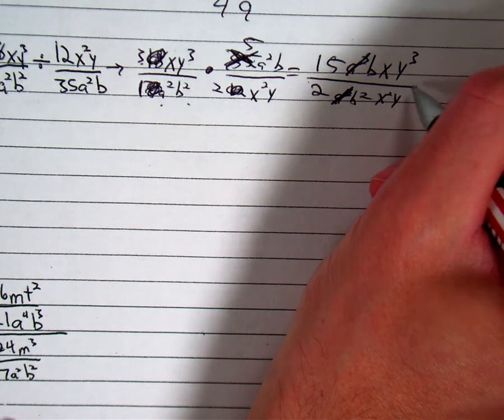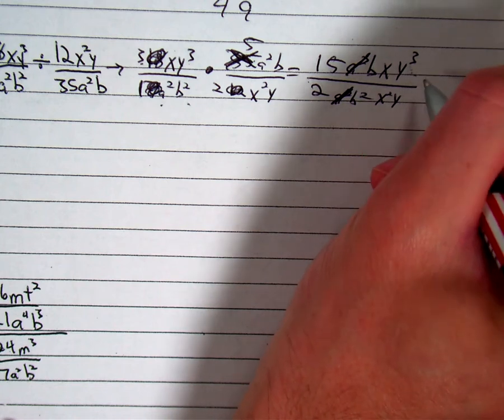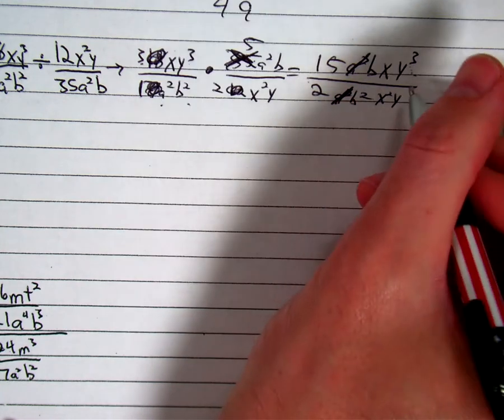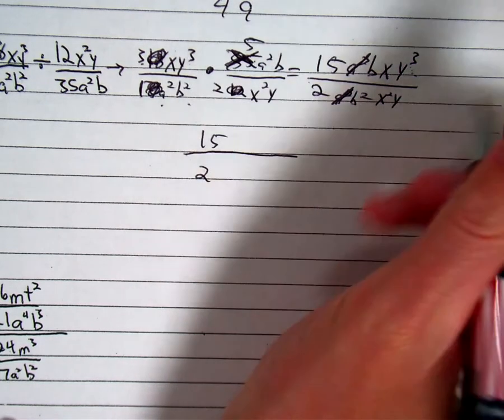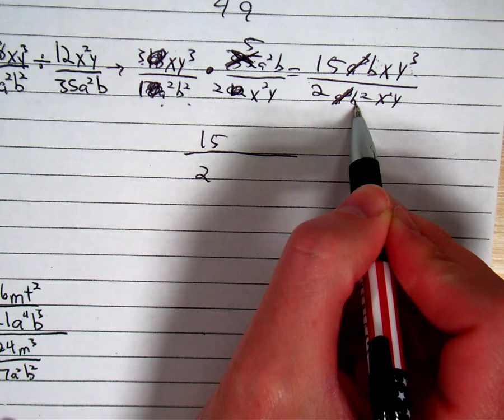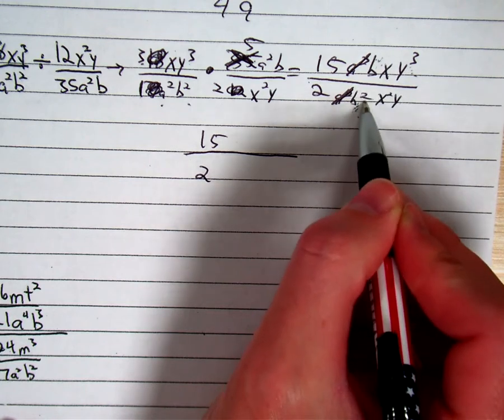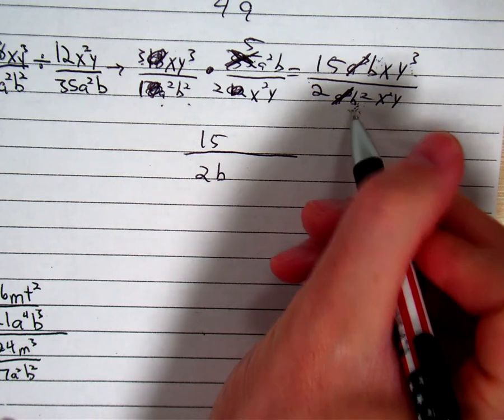So that'd be 3 minus 1, that'd be y to the second, and the biggest one was on the top. So we got 15, 2 on the bottom. My b's, the bigger one is on the bottom. 2 minus 1 is 1. So it's b to the first on the bottom, because that's what the bigger one was.